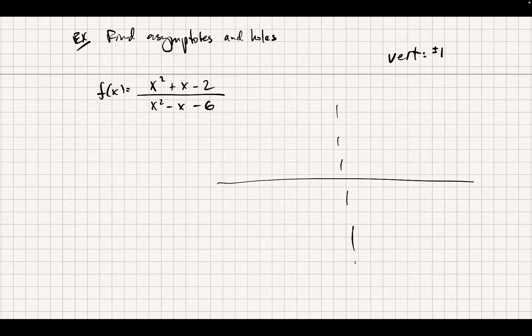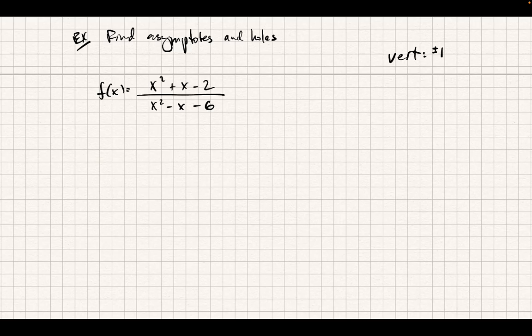So when the denominator has a 0, that causes the graph to go to 0, or they could both go to positive or negative infinity, or mix them up. When the numerator and denominator share a factor, there is a hole at that 0.